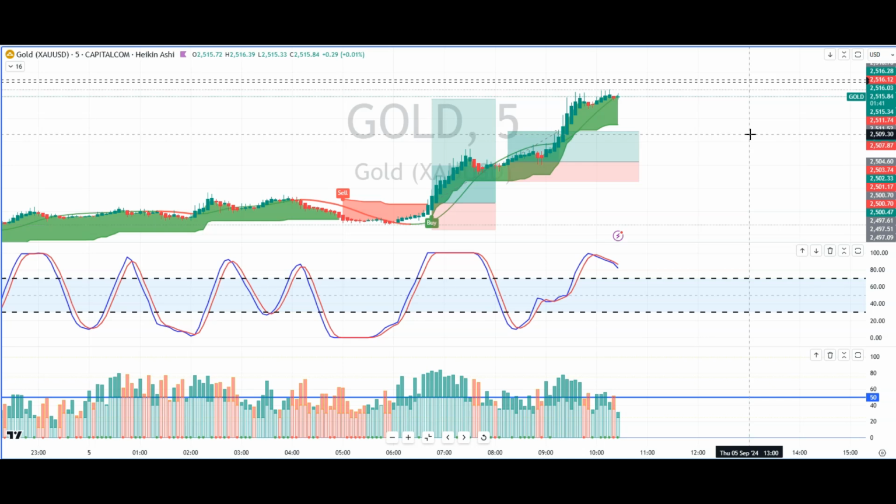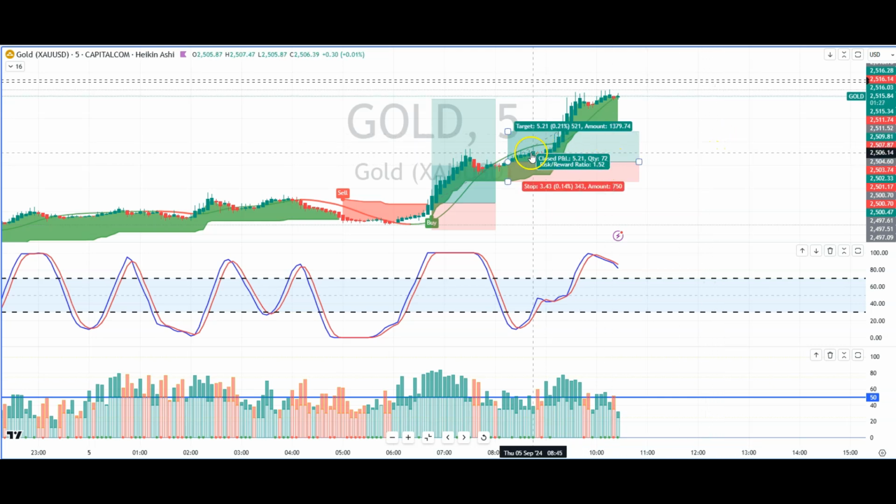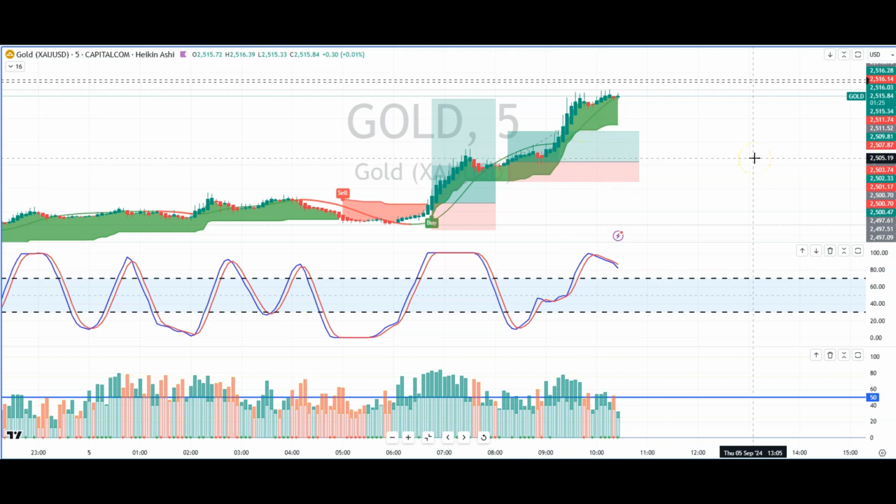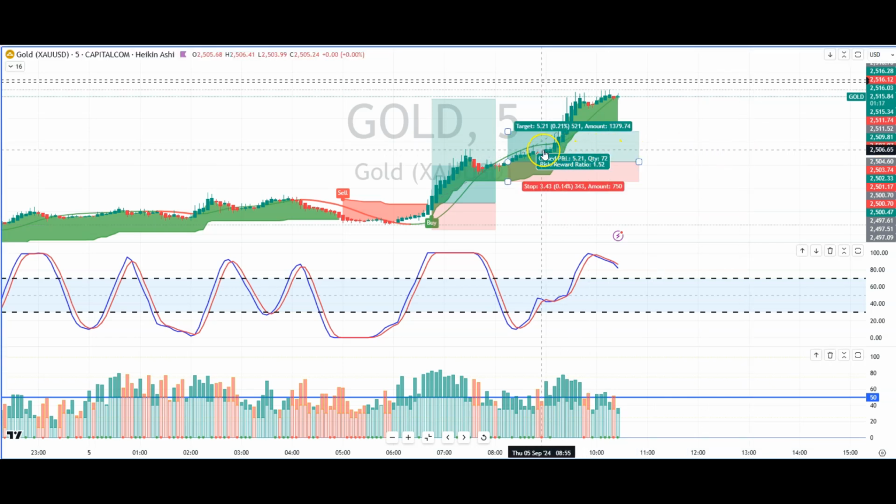Now, this might not seem a lot, but as you develop your business and your trading account, this system becomes the one that you might look at and say, well, hold on a sec, I'm actually making a lot of money here. If you're one lot, if you're $5 a pip, then you're talking about $250.